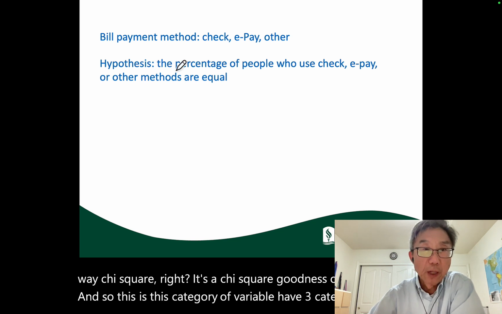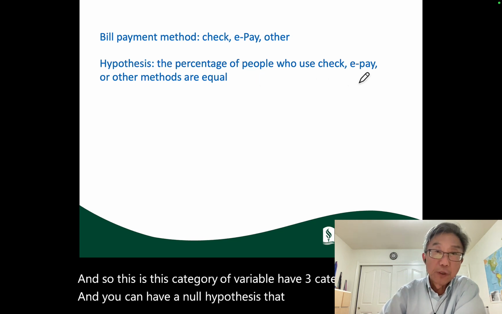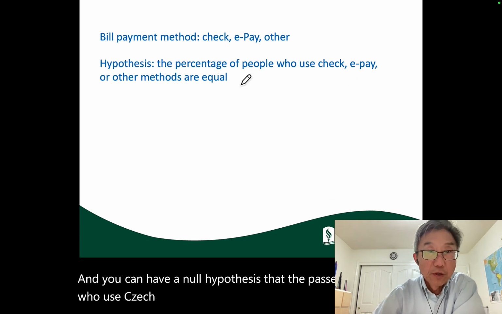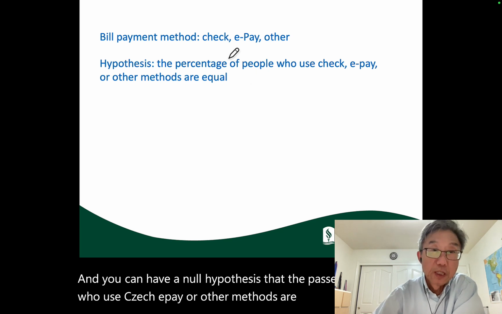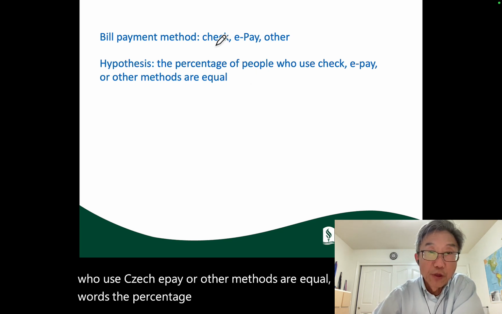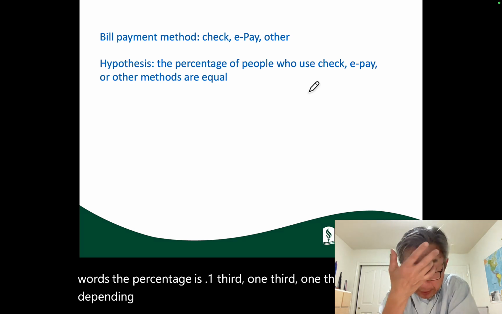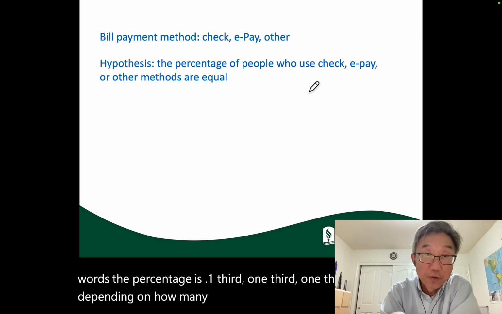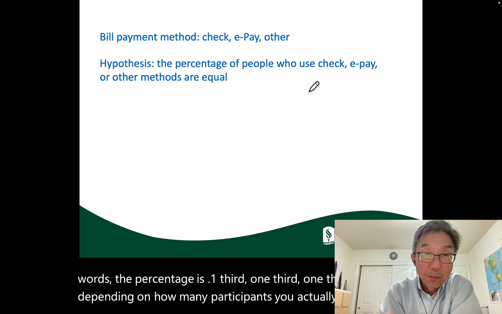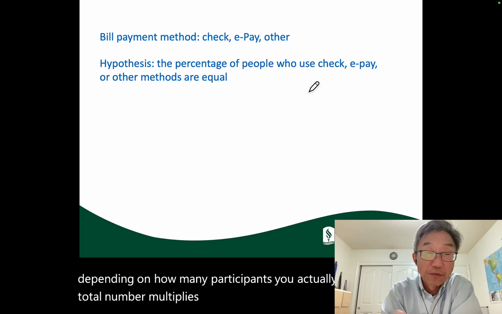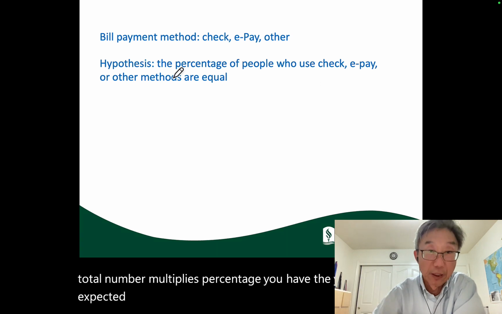And you can have a null hypothesis that the percentage of people who use check, ePay, or other methods are equal. So in other words, the percentage is 1/3, 1/3, 1/3. And then depending on how many participants you actually observe, the total number multiplies percentage, you have the expected frequency for each category, right?